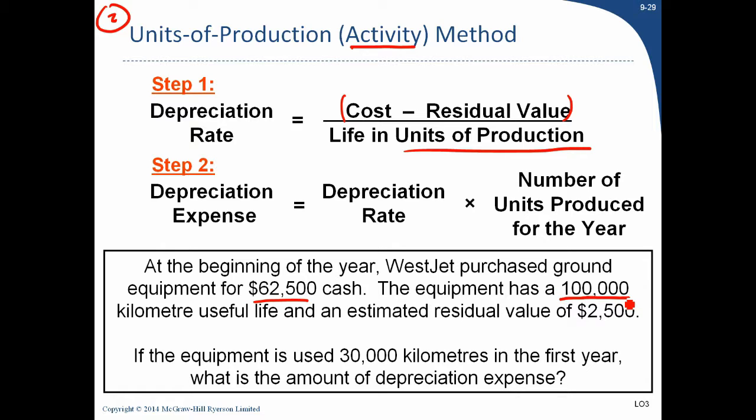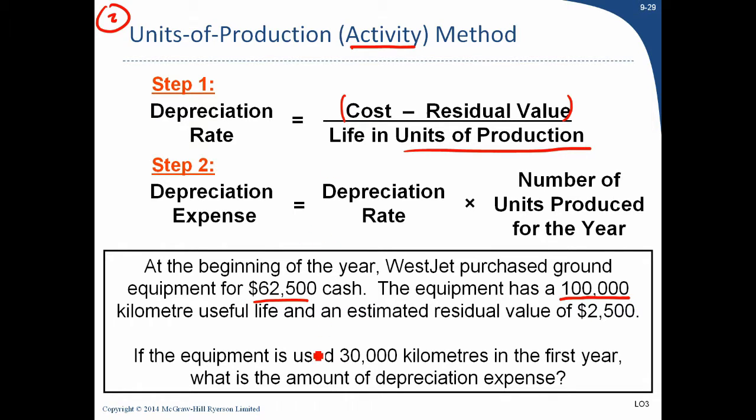So we might know that we drive about 33,000 kilometers a year, but if one year we do 50,000 kilometers, and the next year we do 25,000, and the next year we do 25,000, our straight line depreciation wouldn't accurately reflect how we're using the asset, right? Because we're using more of it up front and then less of it in the other 2 years.